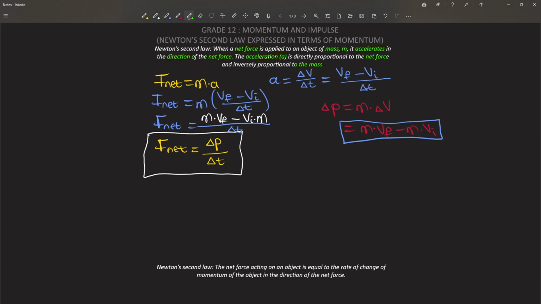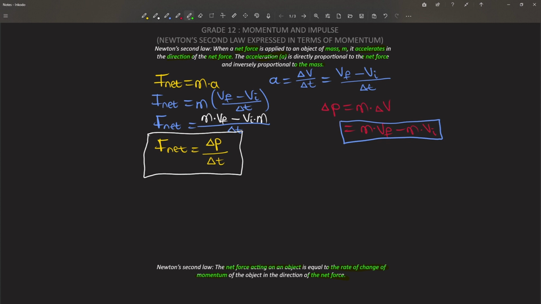The second law of motion described in terms of momentum: the net force acting on an object is equivalent to the rate of change of momentum of the object, in the direction of the net force. If you recall from our previous lesson on collisions, the direction of the change of momentum is the direction of the net force.